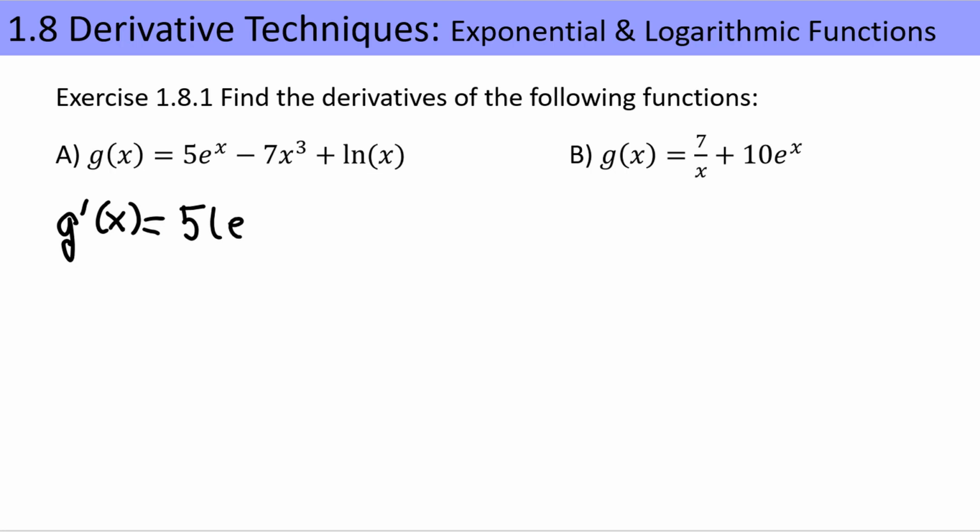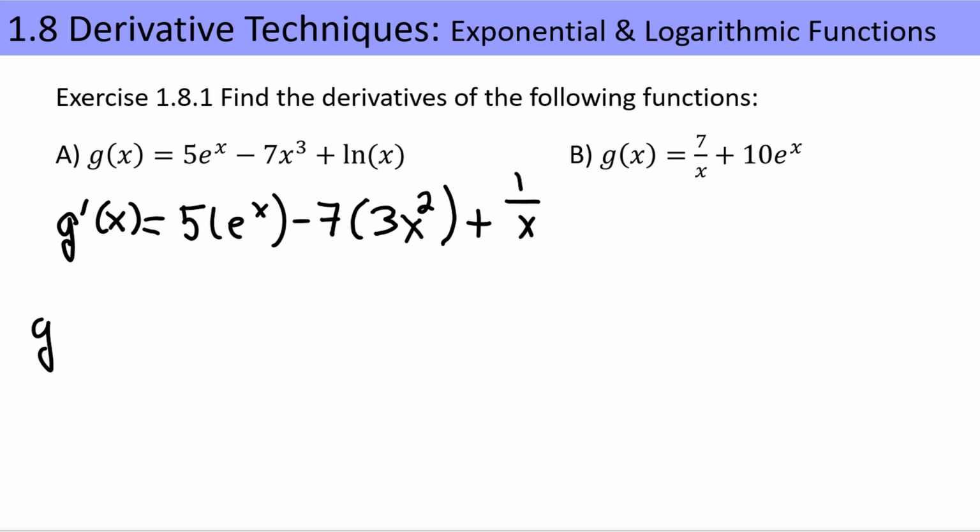The derivative of e to the x is just e to the x, minus the constant of 7 times the derivative of x cubed as we bring down the 3, x to the power of 3 minus 1, which would just be 2. And the derivative of the natural log of x is a new rule we just learned, and that would be 1 over x.